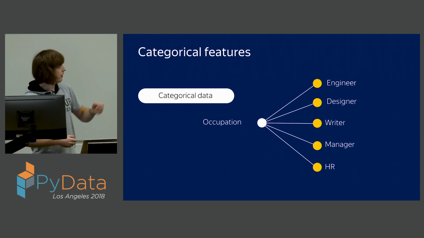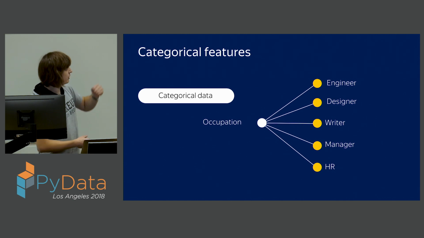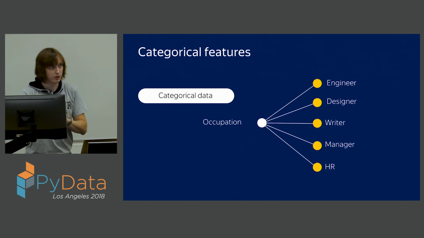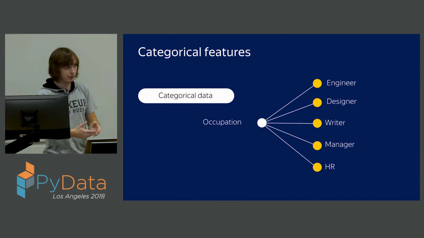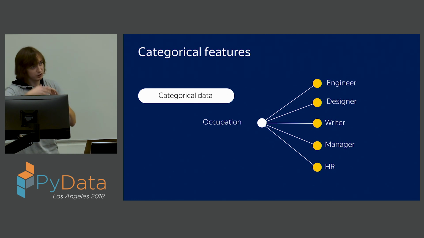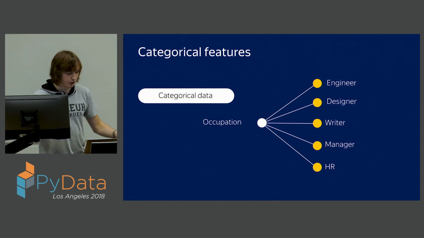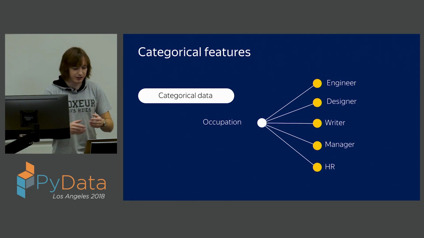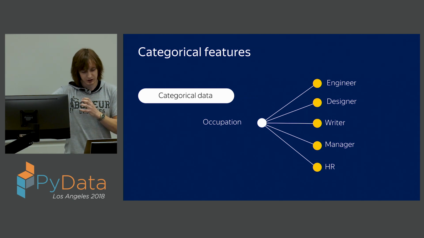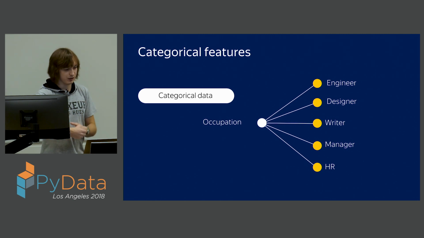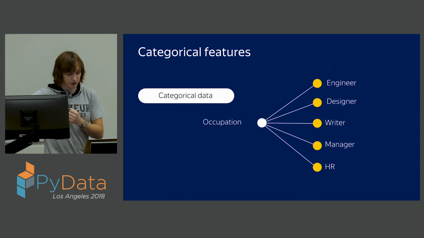For example, here on the slide we have the categorical feature occupation, and there are just five different values. But in real-world data, we have categorical features like hashtags, for example. They have millions of different values, and working with such predictors in decision trees is hard. We can't train a good decision tree model, a good ensemble of decision trees, to work with such a big number of distinct values.